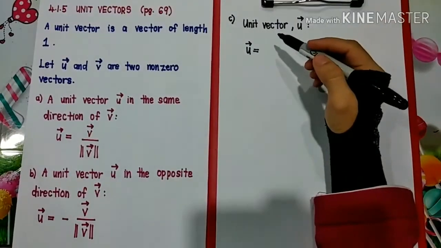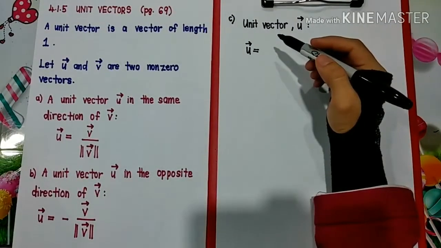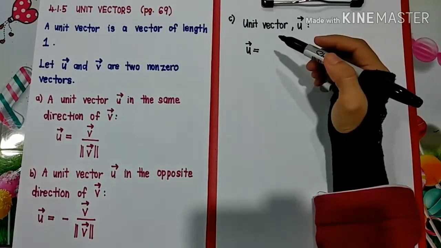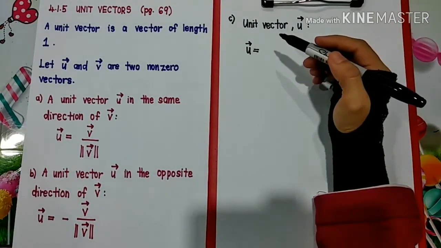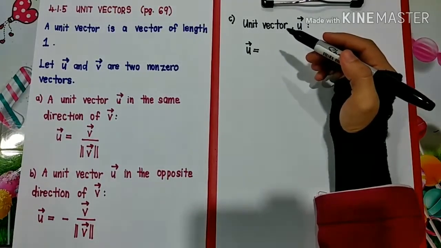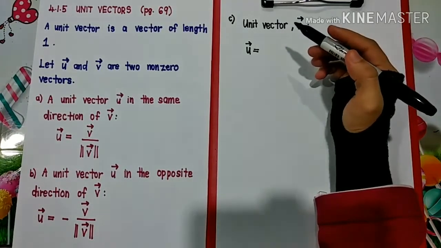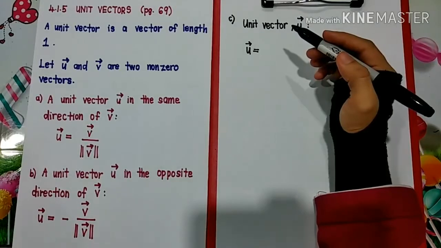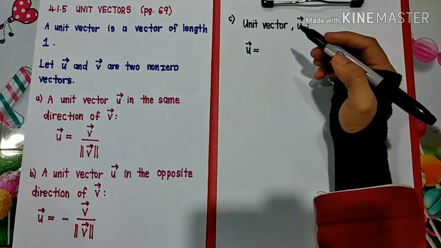Then we can solve C. Find the unit vector u in the direction of x. In the direction of x means the same direction. If the question didn't mention opposite, it means the same direction. But if it is in the opposite direction, the question will definitely say opposite.